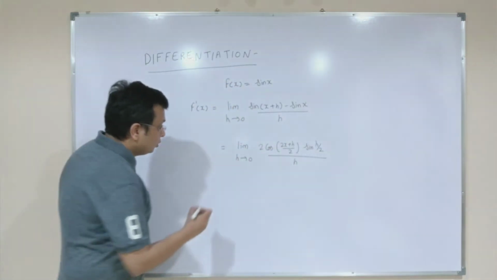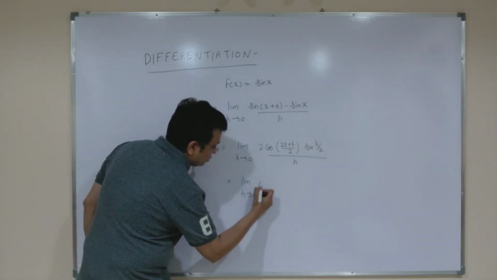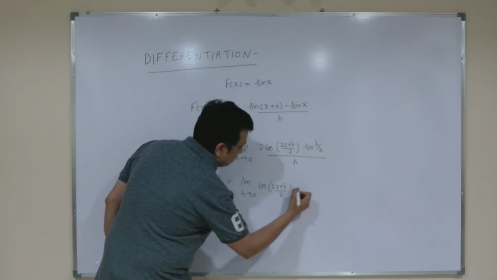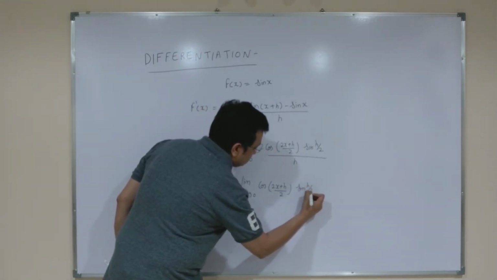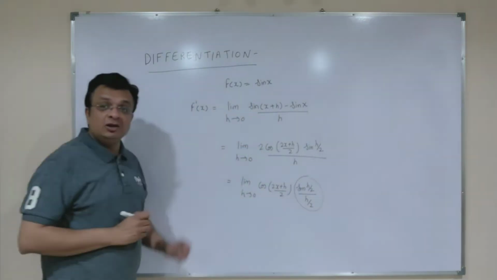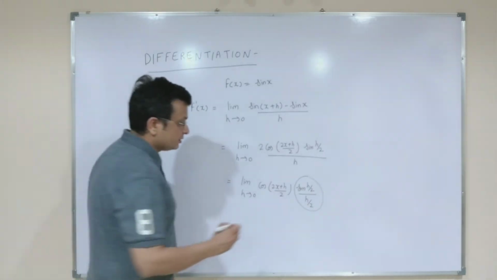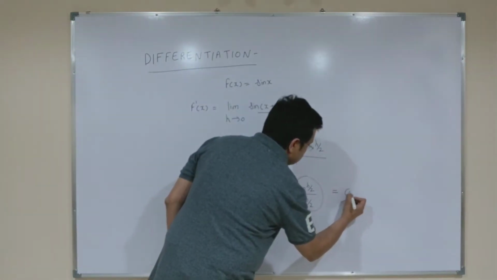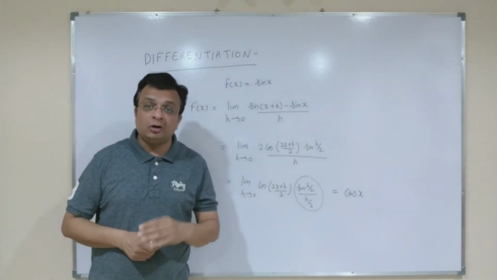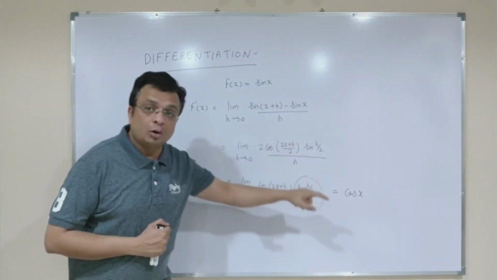Now, limit h tends to 0 of cos of (2x plus h) by 2 into sin h by 2 upon h by 2. As we all know, this limit will be 1. If I put h tends to 0 here, I will get cos x. So we should remember the formula that the differentiation of sin x is cos x.